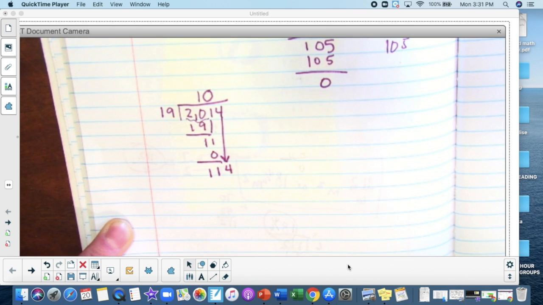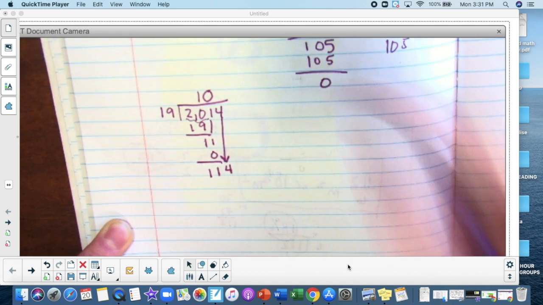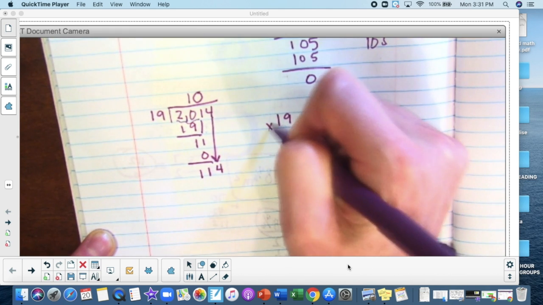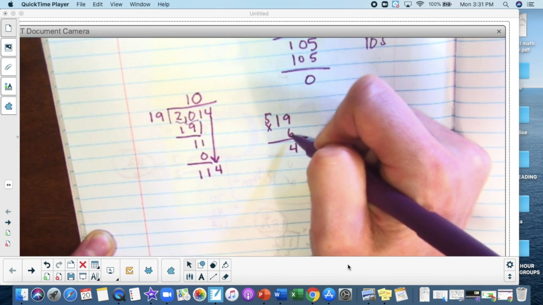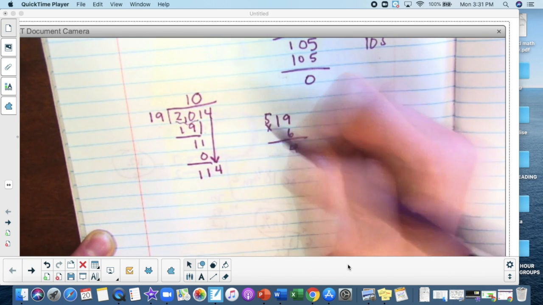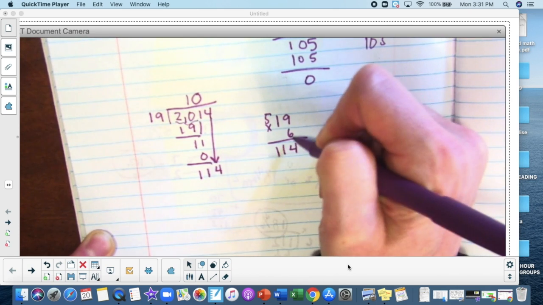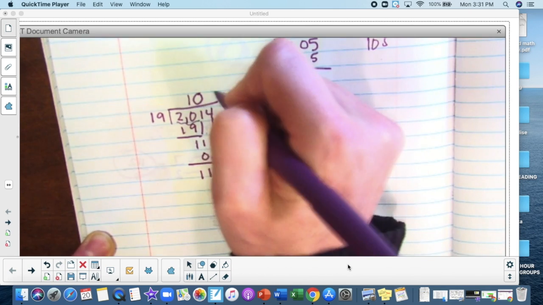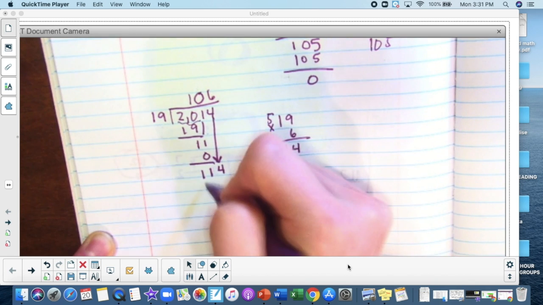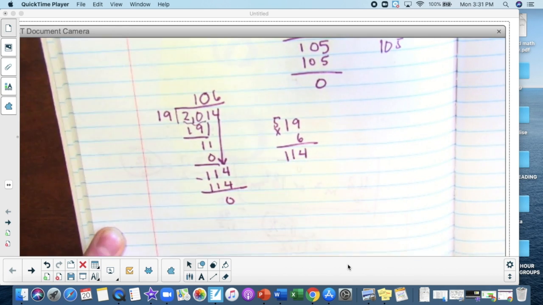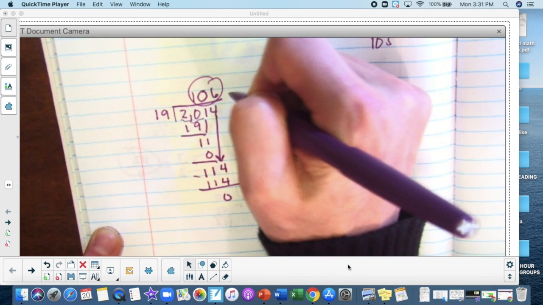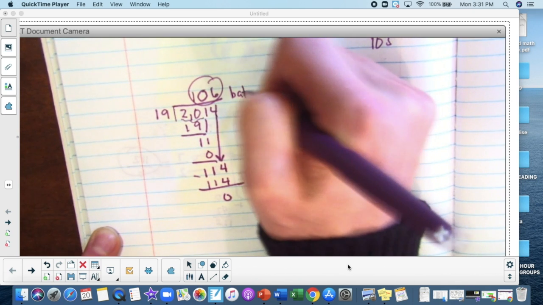Let's see, if I round it to 20, 20 times 5 is 100. Let's see if 6 works or if I go over. 6, 7, 8, 9, 10, 11. Oh, it worked out perfectly. 6 times 19 is 114, and I have 0 left over. So that is 106 bats.